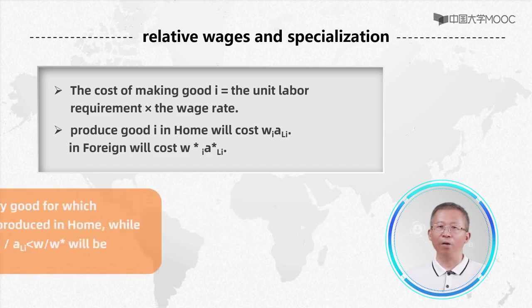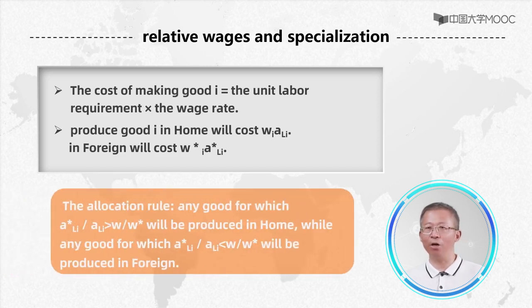Thus, we can restate the allocation rule. Any good for which a_LI star over a_LI exceeds W over W star will be produced in home, while any good for which a_LI star over a_LI is less than W over W star will be produced in foreign.